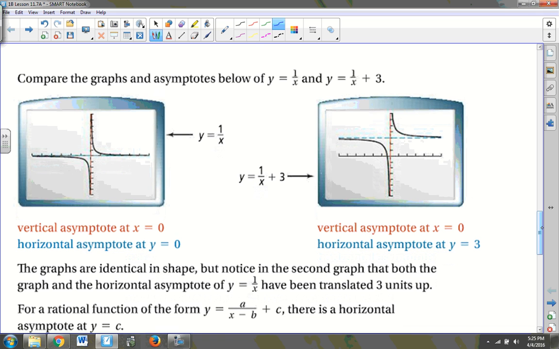Okay, one other thing that we need to look at is, instead of having the function be sliding right or left by putting something in this denominator here with 1 over x, if we add 3, or add any number onto the end of that function, 1 over x, or 2 over x, or 7 over x, or whatever it is, we've shifted that entire function up in the y direction, which means now, as we can see here, we are going to cross over this x-axis.